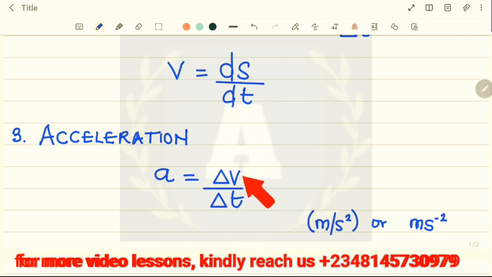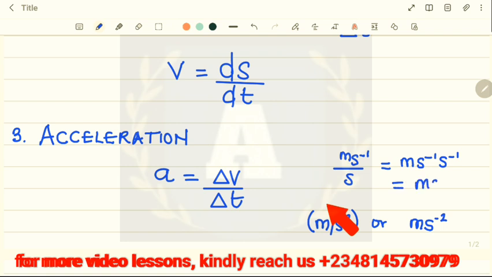Velocity is meters per second, divided by time, which is seconds. The seconds go up, it becomes ms raised to the power -1 and another -1, which is ms to the power of -2, the unit for acceleration.